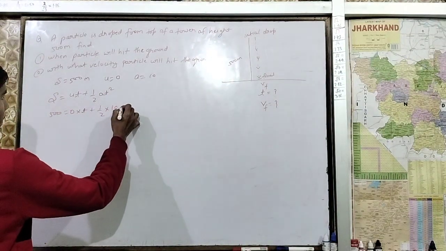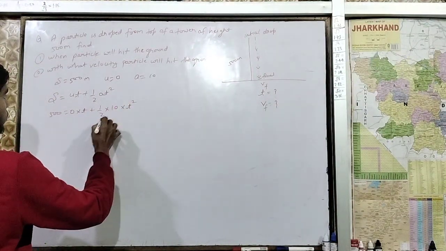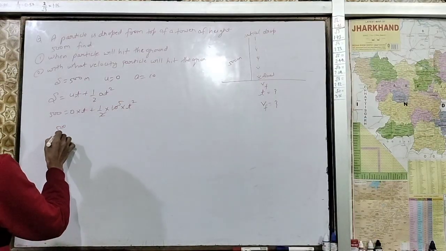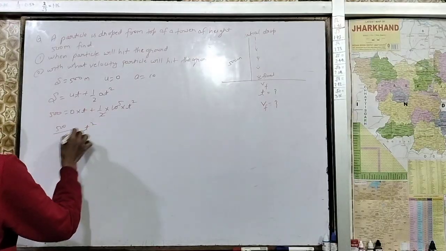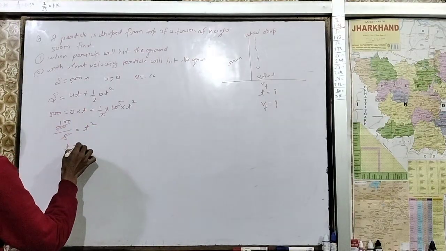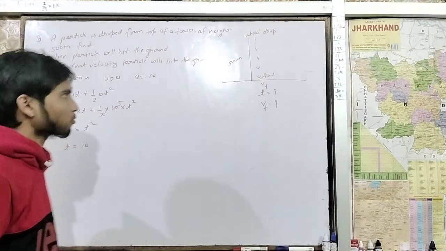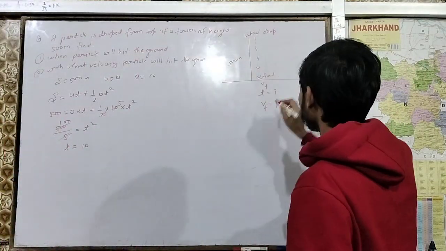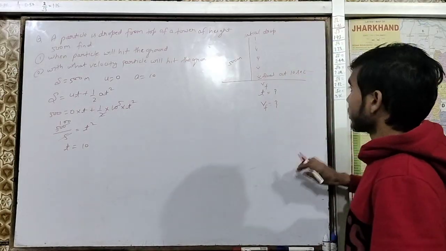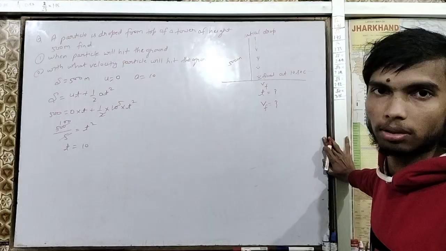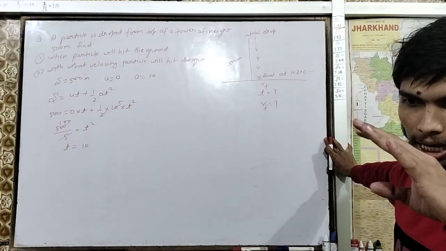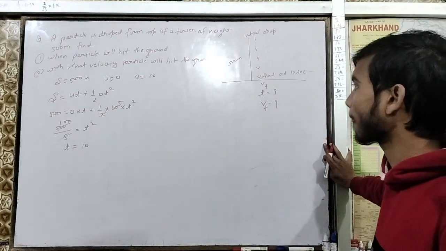So 10 multiplied by t square. 2 5s are 10, 500 upon 5, so t came as 10. At 10 seconds the particle will hit the ground.